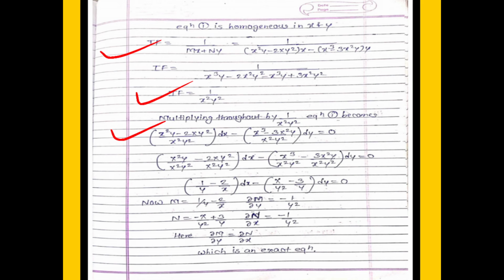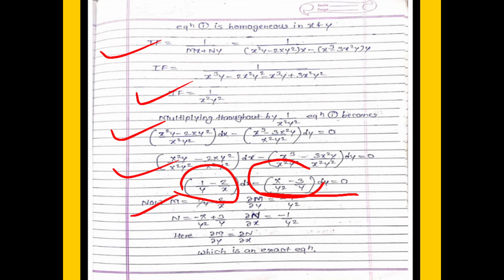In these steps it is clearly mentioned how to do further calculations. After simplifying, you will get (1/y minus 2/x) dx minus (x/y square minus 3/y) dy equals 0. Now the value of M will be 1/y minus 2/x, and the value of N will be minus, in brackets, x/y square minus 3/y.